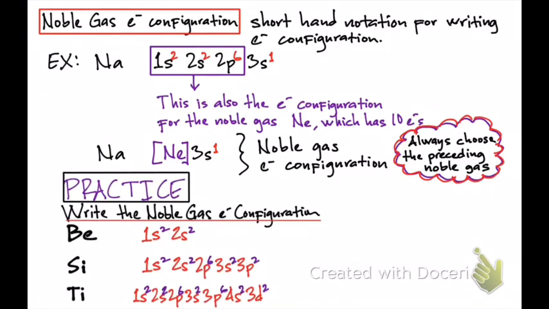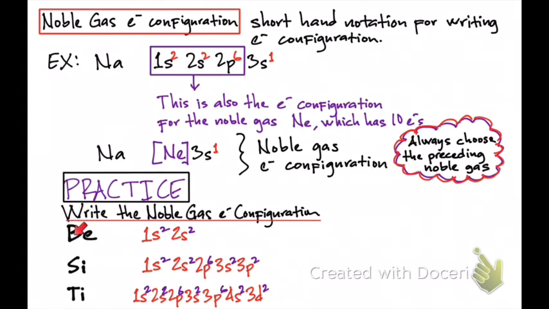All right, so let's look at a few more examples here for noble gas electron configurations. We have beryllium, silicon, and titanium. And I've already given you the normal electron configuration here. How would you write the noble gas electron configuration for each element? When you look at the periodic table, you find out what the preceding noble gas is, right? Find out what the noble gas is before beryllium.